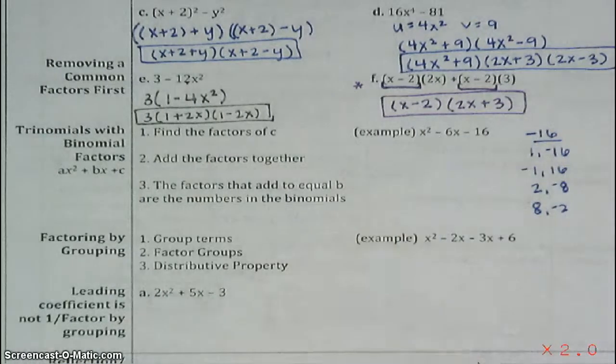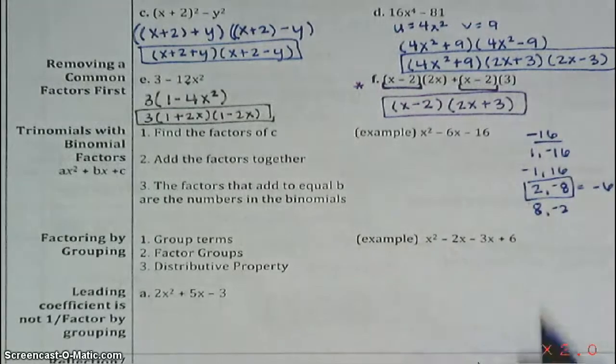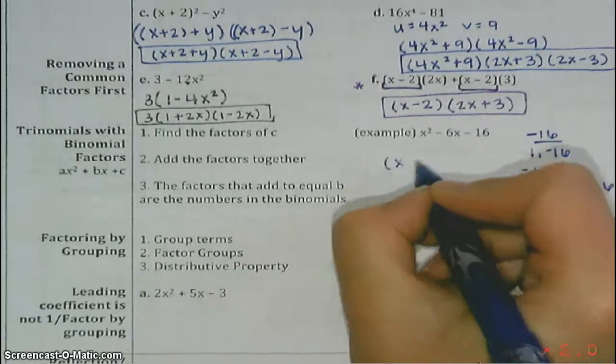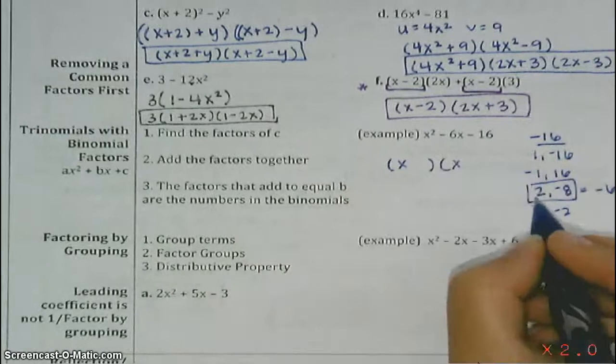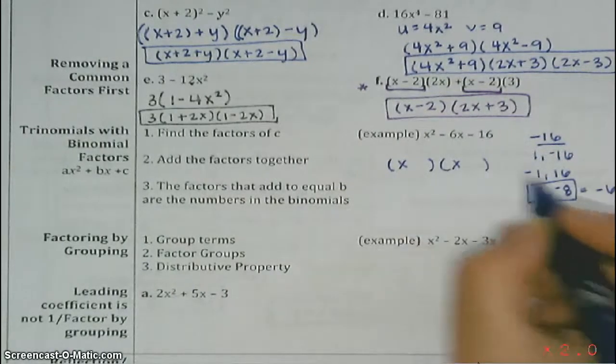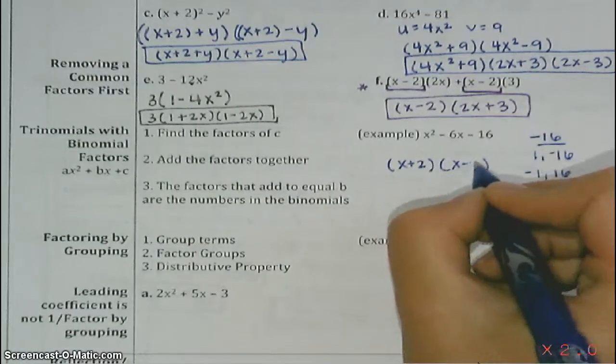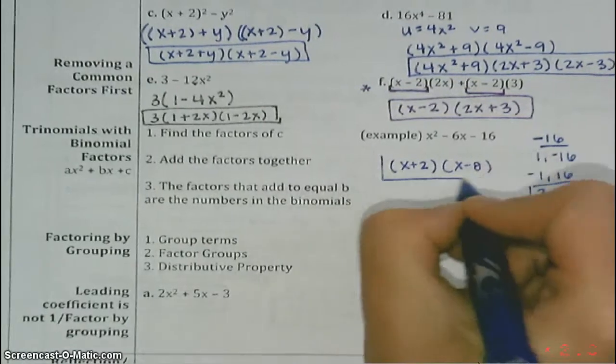So we're looking for negative 6. If you add 2 and negative 8, you're going to get negative 6. So these are going to be the factors that you use, which kind of helps when you break it apart into your two binomials. You can just keep the signs that go with them. For example, 2 is positive, so this is going to become plus 2. 8 is negative, so it'll become negative 8. It's factored.